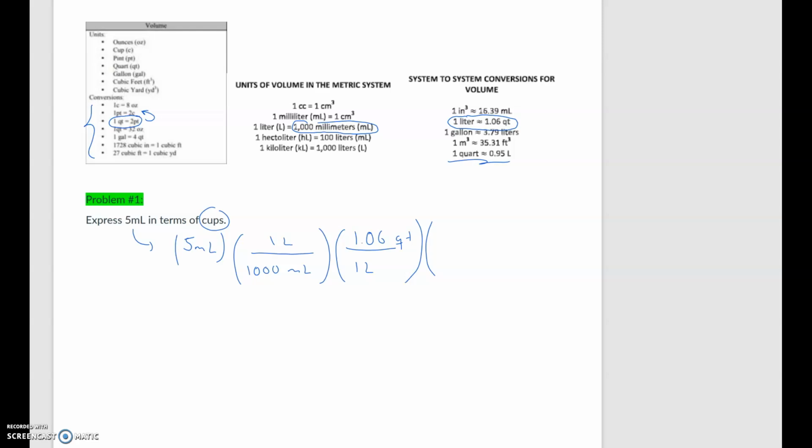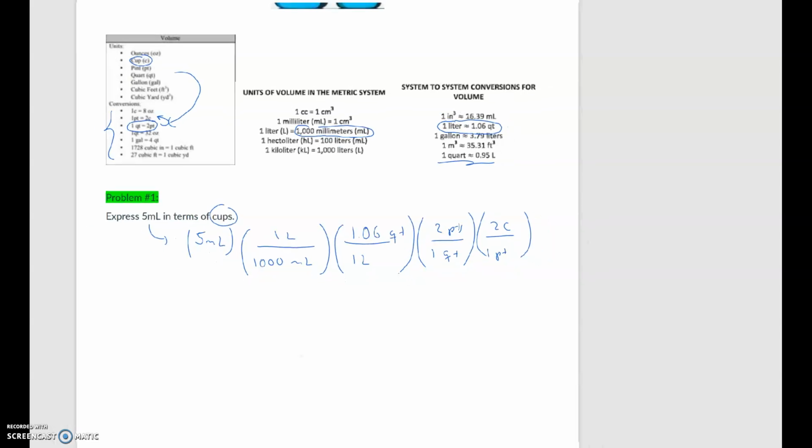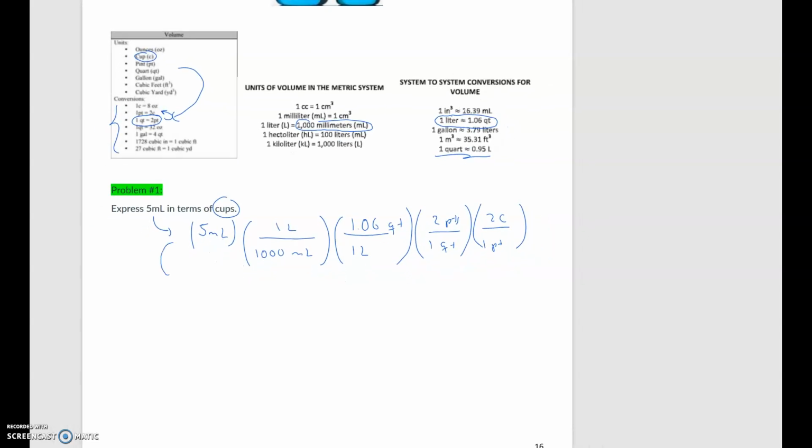So in this case, 1 quart is equal to 2 pints. And then the final one is that 1 pint is equivalent to 2 cups. And then I'm just using the abbreviation here for C's.